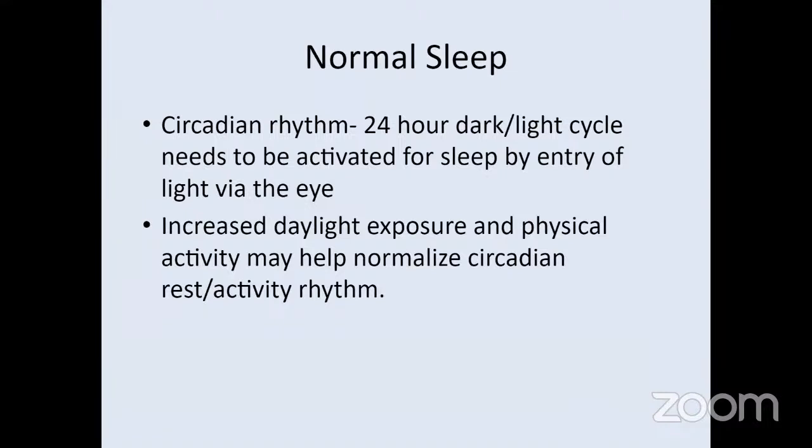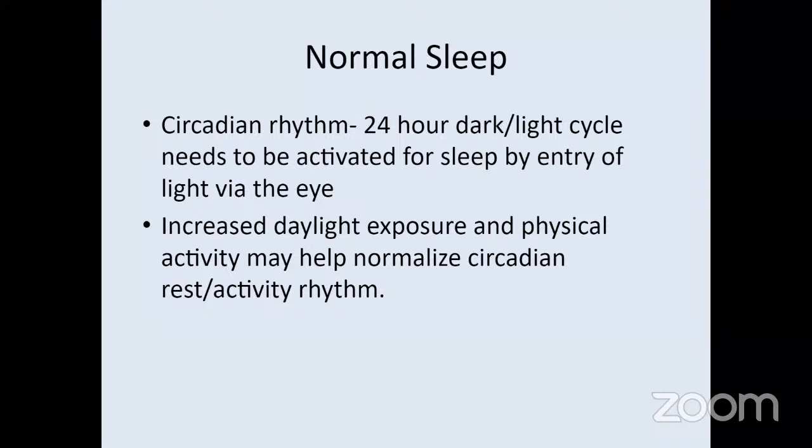Let's talk about normal sleep. The circadian rhythm, the 24-hour dark-light cycle, needs to be activated for sleep by entry of light via the eye. As you might know from the normal physiology of sleep, the pineal gland is responsible for receiving the light, and then it modulates the secretion of melatonin according to the perception of light.